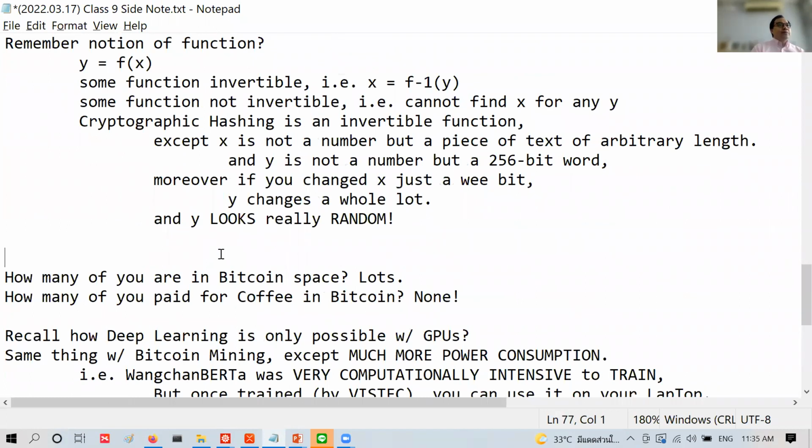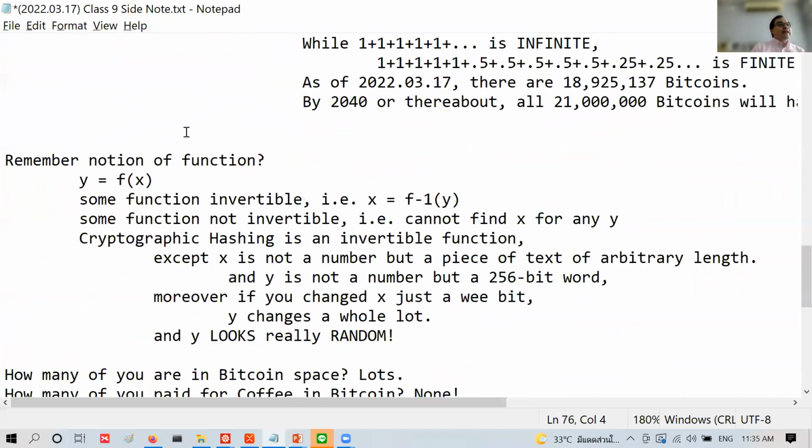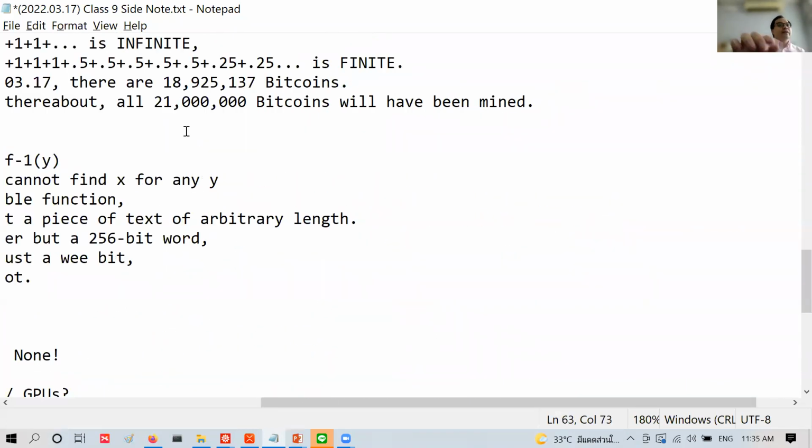Okay, now, this is kind of a side, technical function.